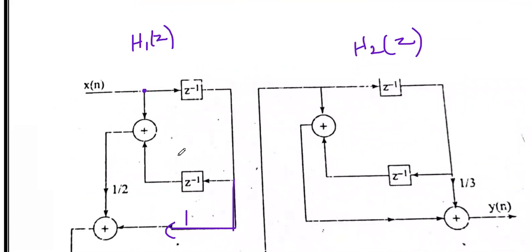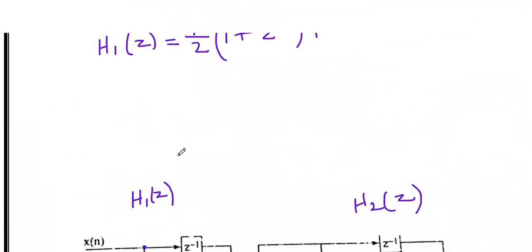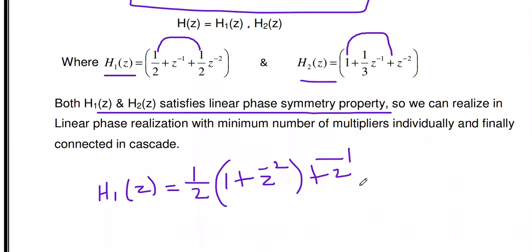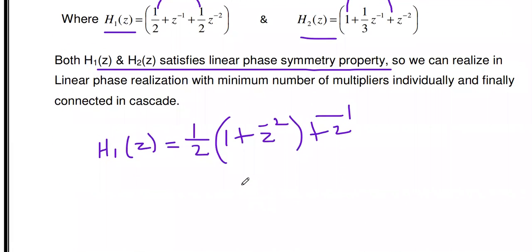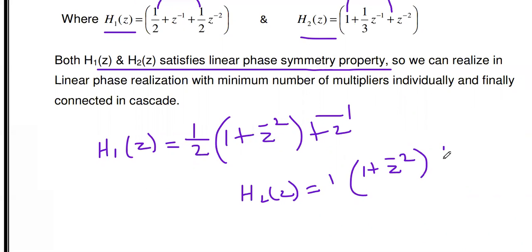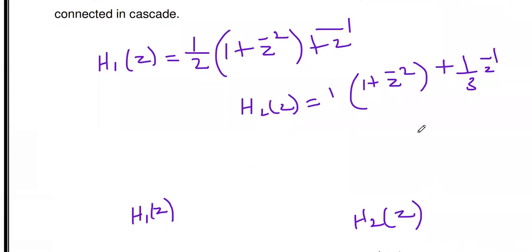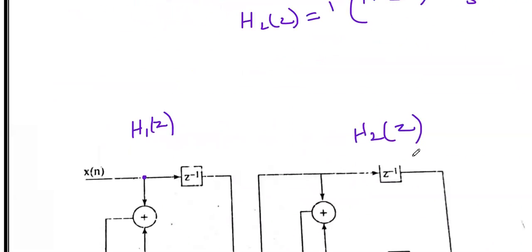Okay, so you draw h1 of z in linear phase realization. Similarly, you see h2 of z. If you are combining, h2 of z can be written as, taking 1 outside, 1 plus z power minus 2, okay, then plus 1 by 3 into z power minus 1. Okay, so here also we have to use 2 delays.